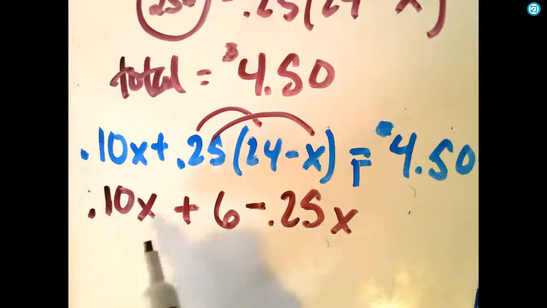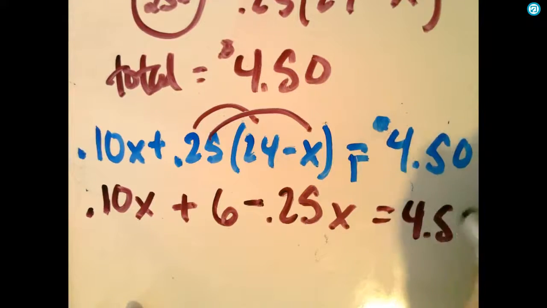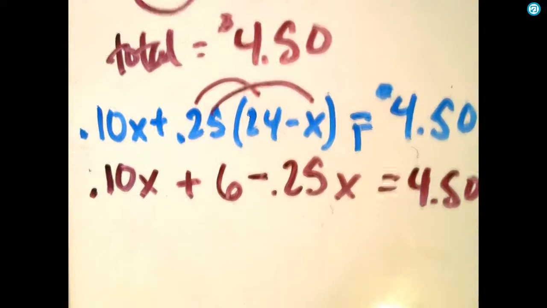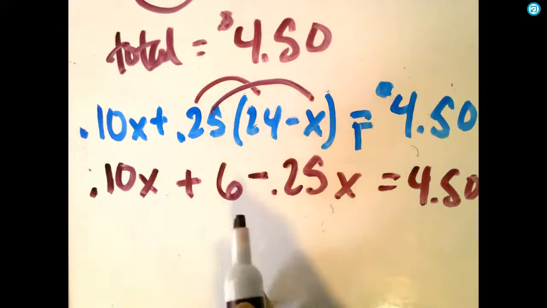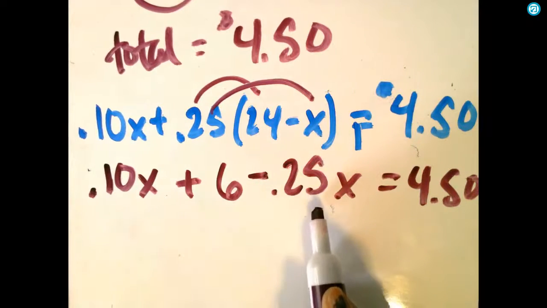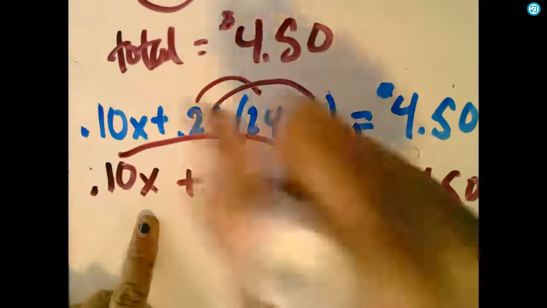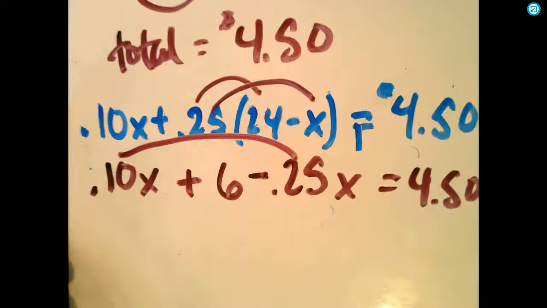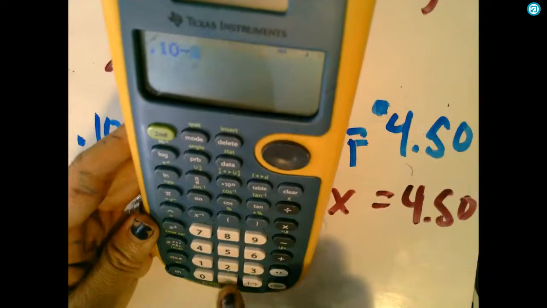We got this. Is there anything else I can combine on this side? So this was equals 450. I've got 0.10x, I've got a 6, and I've got a minus 0.25x. These both have x attached. I can combine them. So we're going to do 0.10, and it's minus, so minus 0.25.